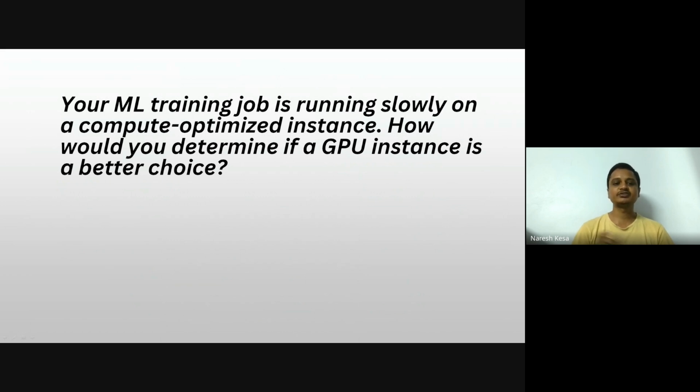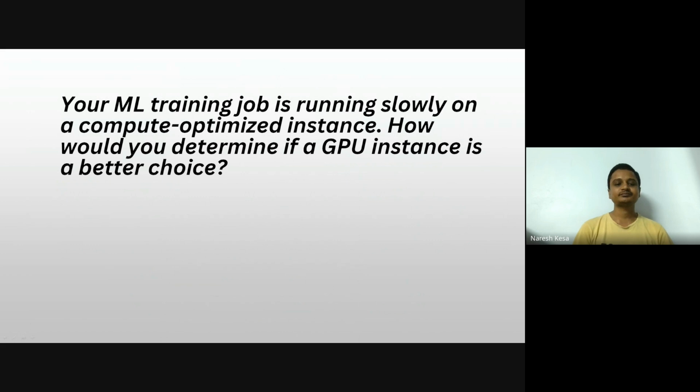If we switch to a GPU instance, each epoch takes 6 minutes, which is 10 times faster because GPUs handle matrices in parallel. That's why GPU utilization is 100% and the CPU is free for data loading. In this case, GPU is clearly the better choice.